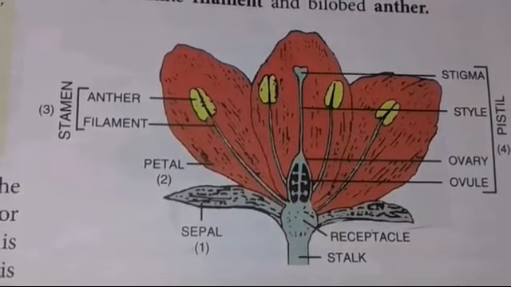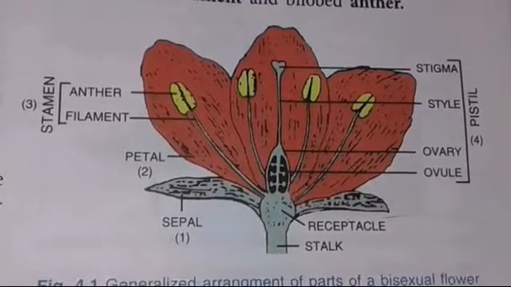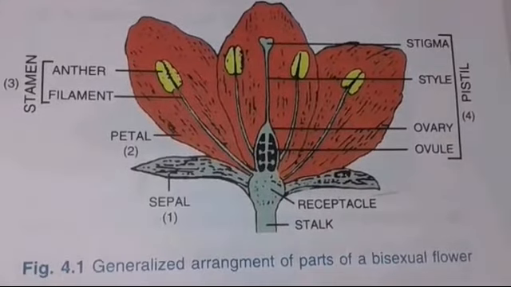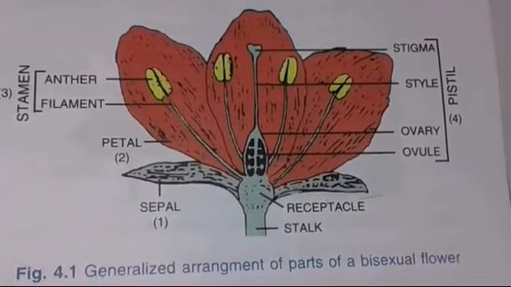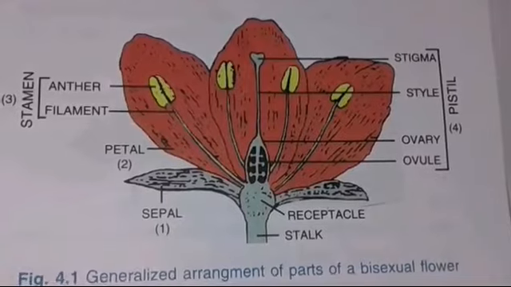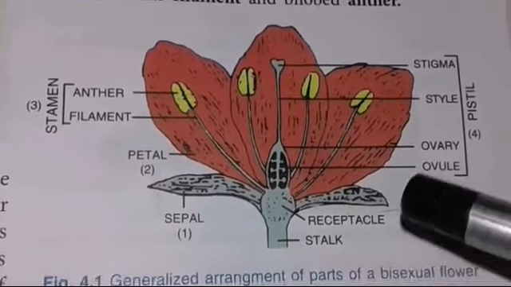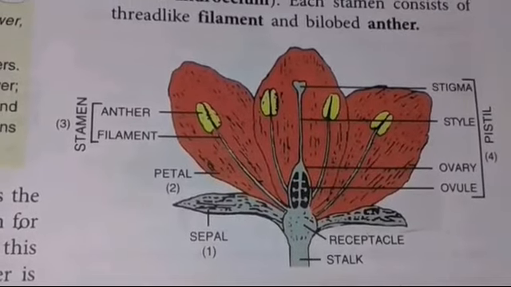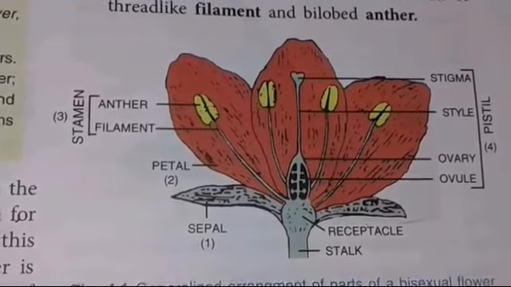As I told you earlier regarding the androecium and gynoecium, the male part and female part of the flower, they are the essential parts of the flower. They are the parts of the flower that are directly concerned with reproduction, whereas the calyx and corolla, sepal and petal, are the non-essential, non-reproductive parts of the flower.